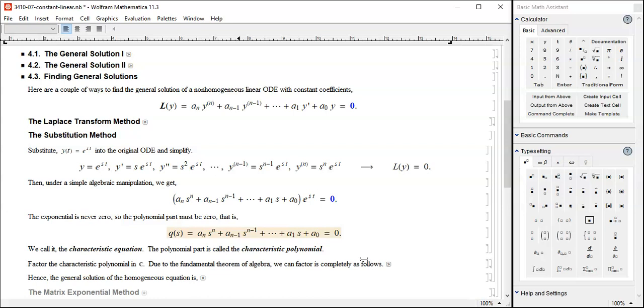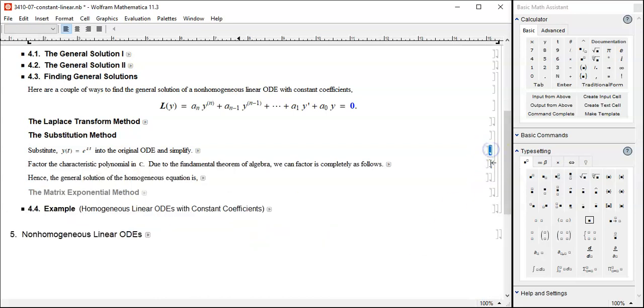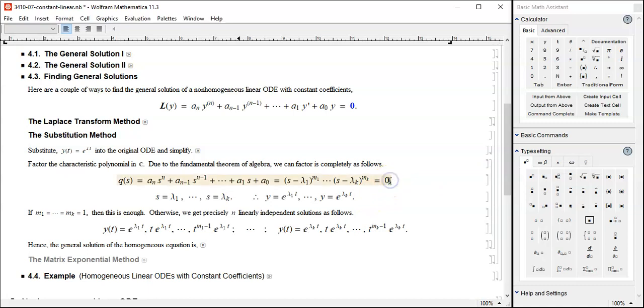The solutions of this characteristic equation, or the roots, are actually the zeros of the characteristic polynomial, which are lambda 1, lambda 2, lambda 3, and so on. And therefore, we get these solutions. y is e to the lambda 1 t, e to the lambda 2 t, and so on, all the way over to e to the lambda k t, because that's where we started. But then again, that's not enough. I need n solutions, but I have only k.